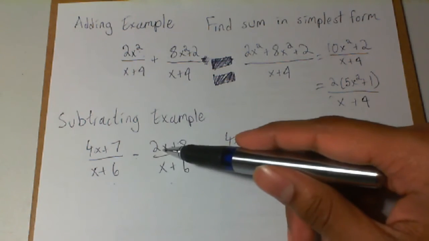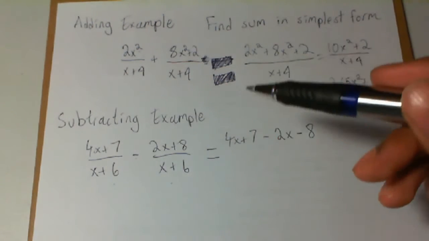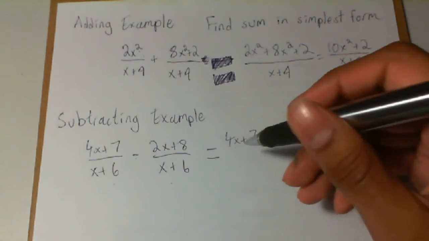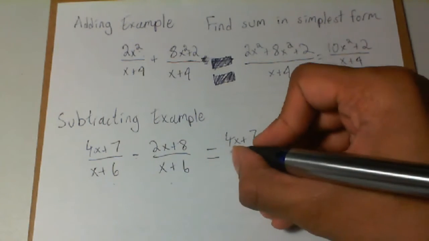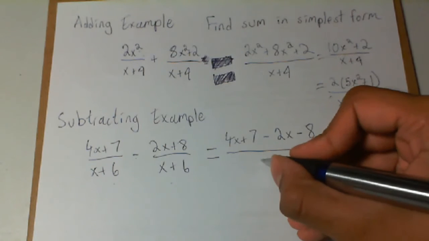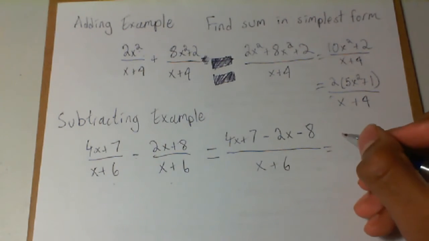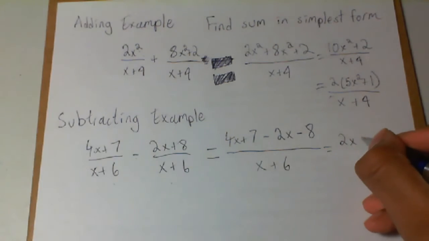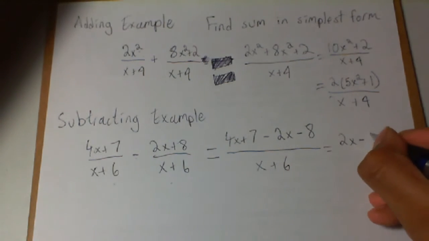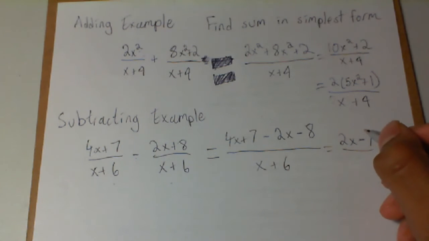So that's going to become negative 2x, and then that's going to also become negative. So you have 4x plus 7 minus 2x minus 8 over, again, same thing as adding, x plus 6. Now, you get 2x minus 1 over x plus 6.